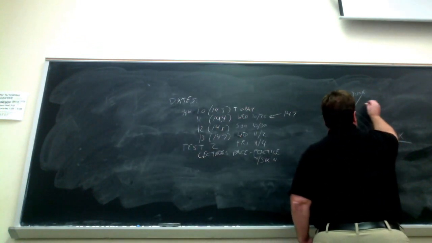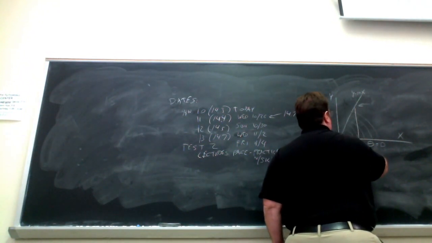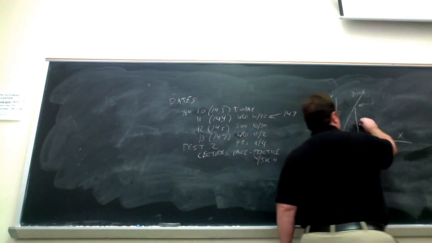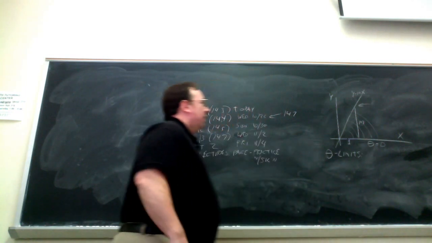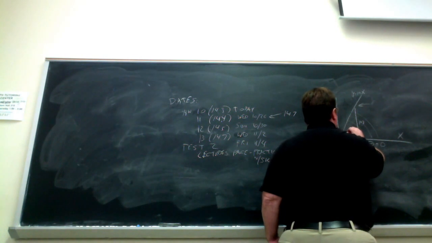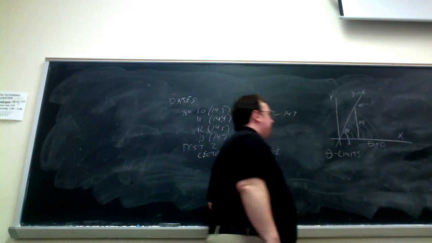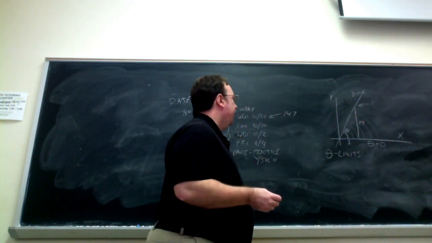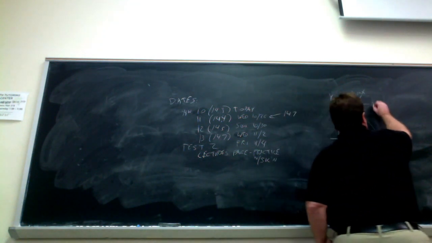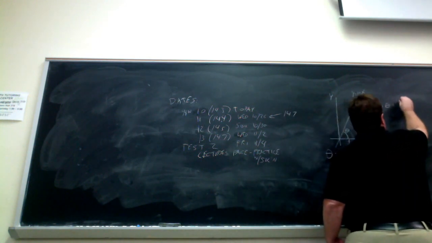Keep in mind this is your slope: if I have 1 unit of run and m units of rise, rise over run, this is the angle you're trying to figure out for your limits with respect to theta. By right triangle trig, tangent theta is equal to opposite over adjacent.